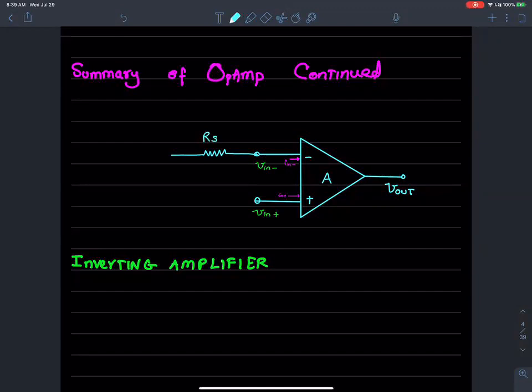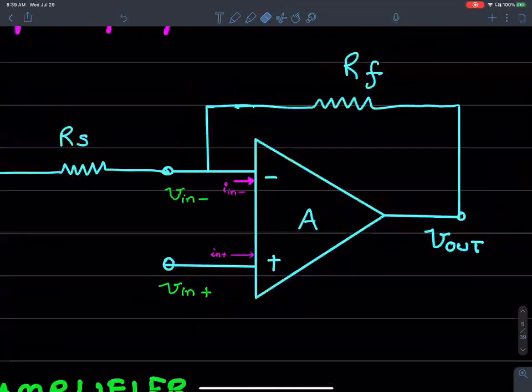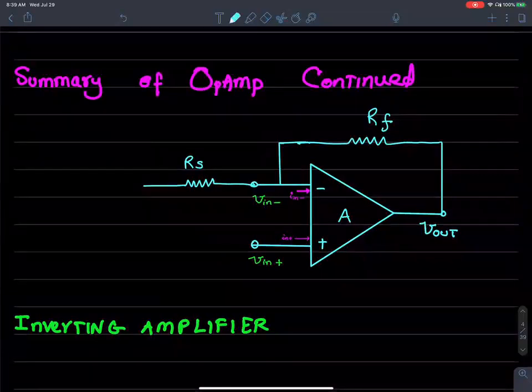Then the output is tied back to the input through another resistance. Let's call this RF, for feedback resistance. I'm going to tie the positive input terminal to ground.